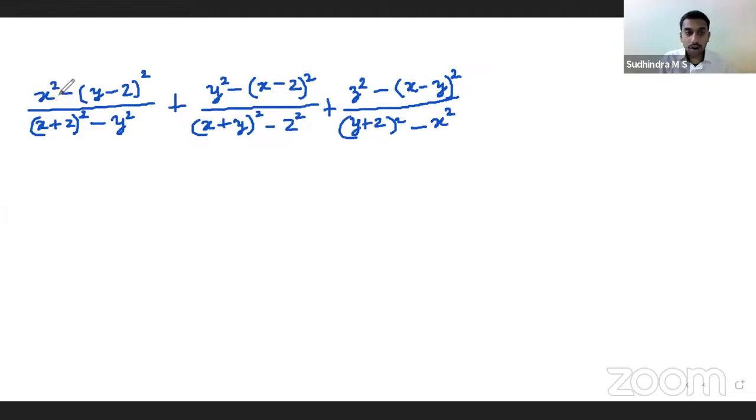So this is in the form of a square minus b square. Can I write it in the form of a plus b into a minus b?